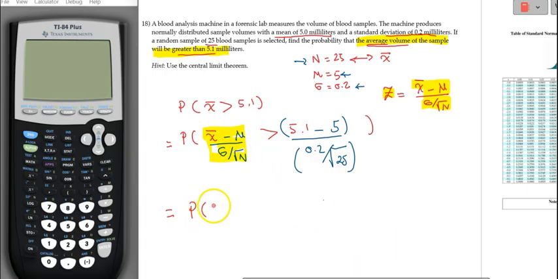So this is going to be the probability of z greater than, and on the other hand I'm going to plug this expression into the calculator to figure out the value, right?